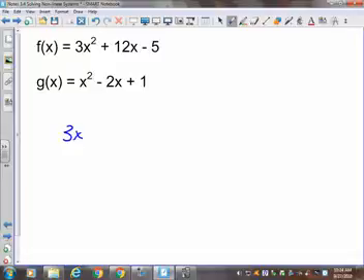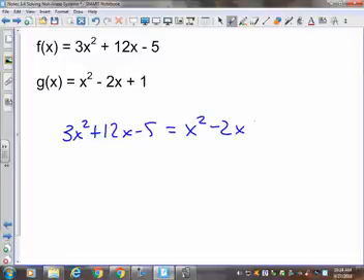So 3x squared plus 12x minus 5 equals x squared minus 2x plus 1. So again, I chose that because 3 was bigger than 1. So we've got to move 3 terms from the right to the left so that we can factor what's left.